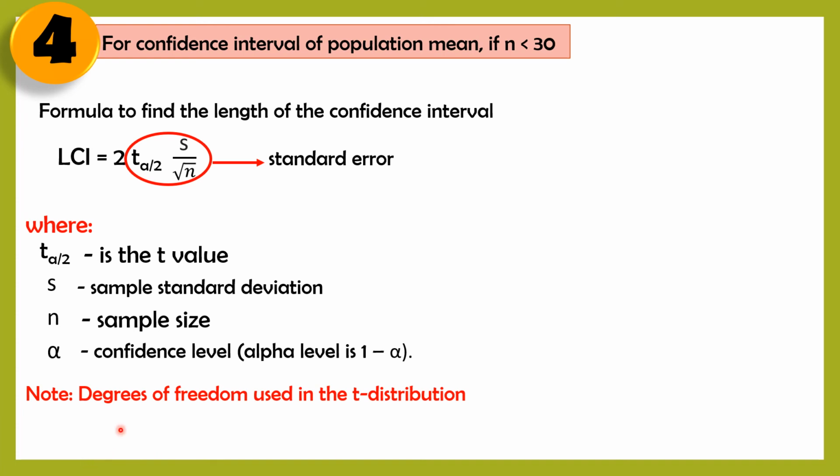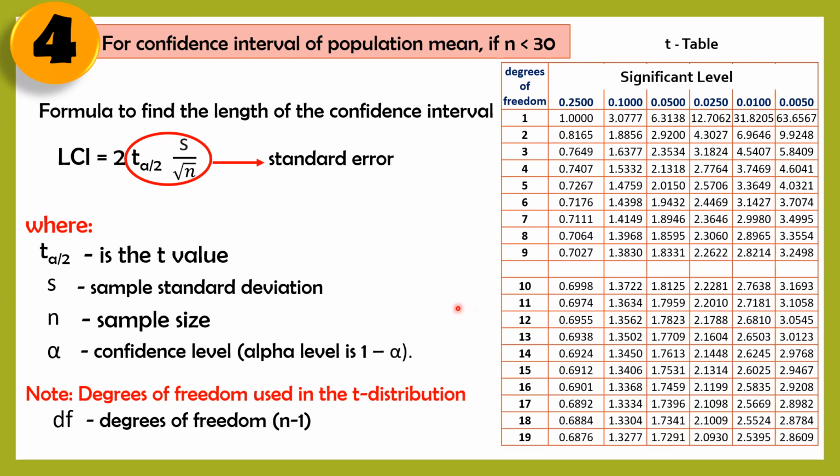Take note of the degrees of freedom used in the T distribution. So, whenever we use the T distribution, we use degrees of freedom. Our degrees of freedom, which we call DF for short, is equal to n minus 1.